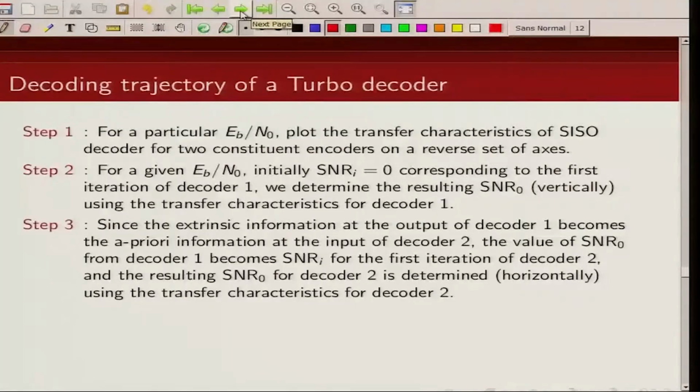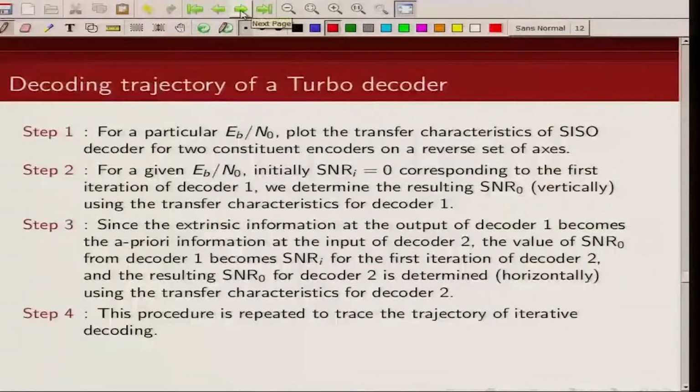Since the extrinsic information from the first decoder is actually the a priori value for the second decoder, that extrinsic information now becomes SNR in for decoder 2. So, the SNR out that we got from the transfer characteristics of decoder 1 is our new a priori SNR in for decoder 2.